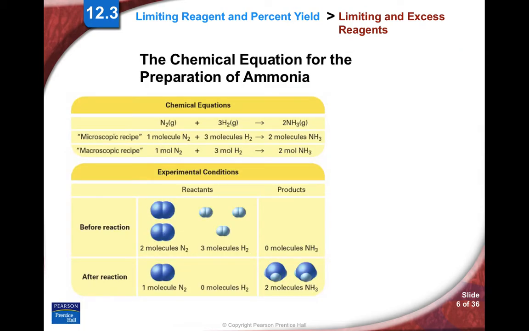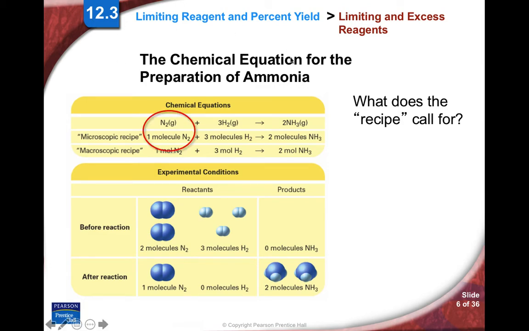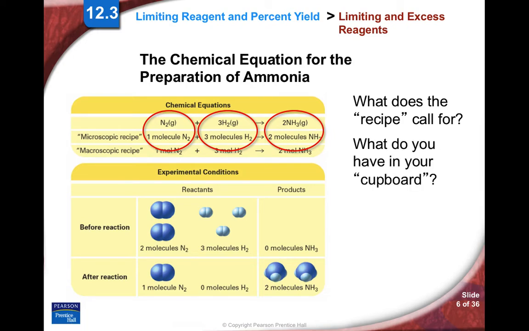So going back to our ammonia production recipe, 1 nitrogen, 3 hydrogens make 2 ammonia molecules. Okay. So what's in your cupboard? In this example from your textbook, there's 2 nitrogens there, which is twice as much as the recipe calls for. There's 3 hydrogens, which is exactly what the recipe calls for. How much product could you make?